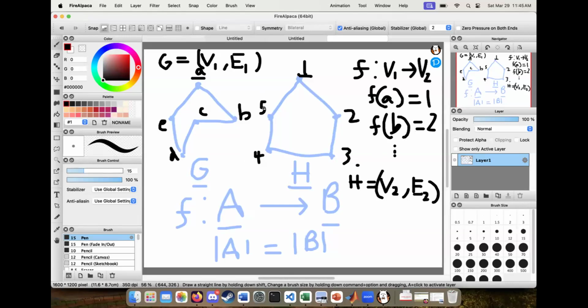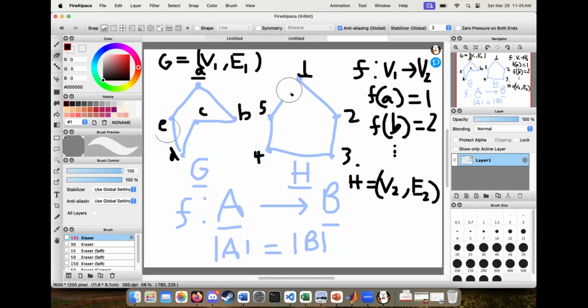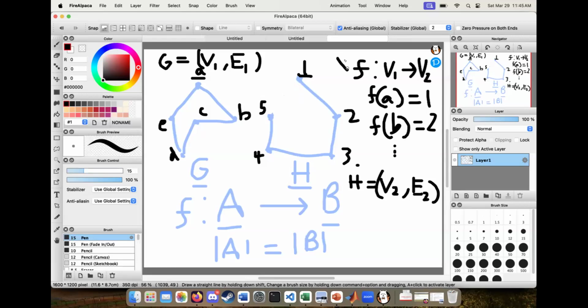If you have 2 graphs that are not isomorphic, you cannot create a bijection between them. Let's say I erase this edge here, then my function that used to be a bijection is no longer a bijection, because when I put in A and it gives me 1, it wouldn't work, because 1 here has a degree of 1, while my original vertex A had a degree of 2.